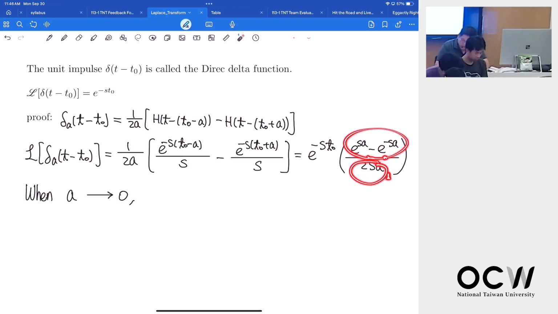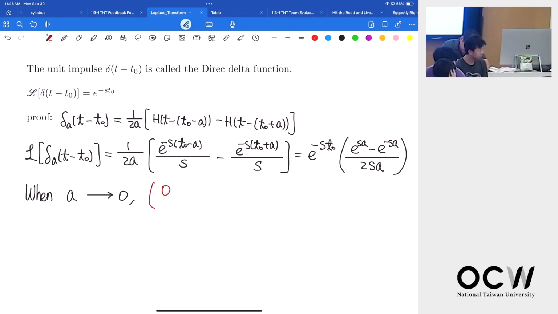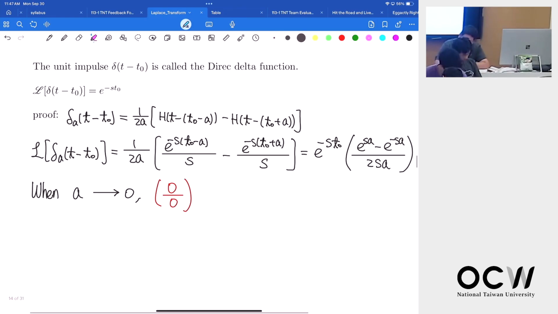The numerator is also 0, because 1 minus 1 is 0. So it is 0 over 0.